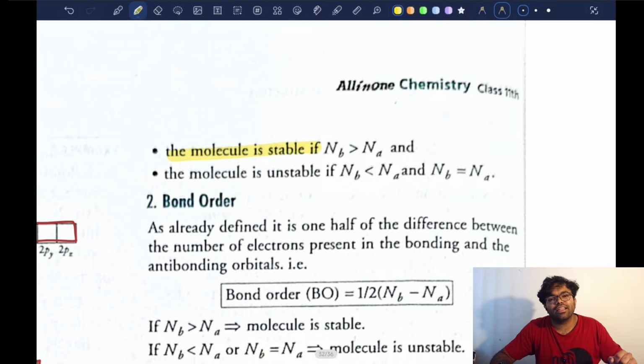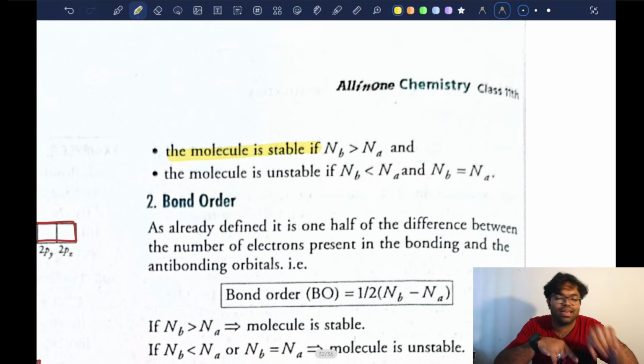So it is like the bonding molecular orbital electrons are the friends of the molecule, and the anti-bonding molecular electrons are the enemies, or basically the protesters of the bonding molecule. If you have more friends than enemies, you will be stable. If you have more enemies than friends, or an equal number of enemies and friends, then your position is at risk.